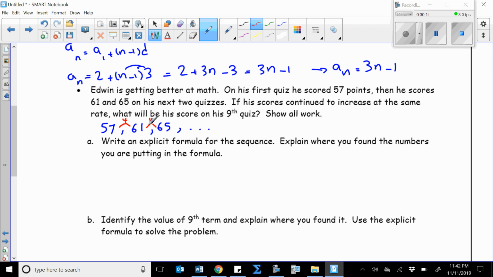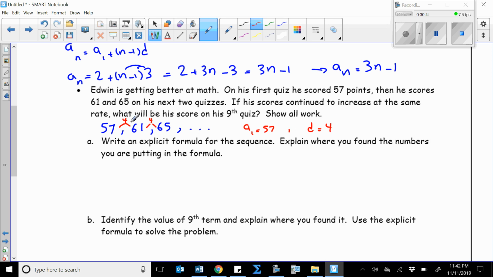So if the difference between these two successive terms is 4, the difference between the next two successive terms is also going to be 4. So we're going to have an arithmetic sequence here. In this arithmetic sequence, a1 is 57 and the common difference is equal to 4.